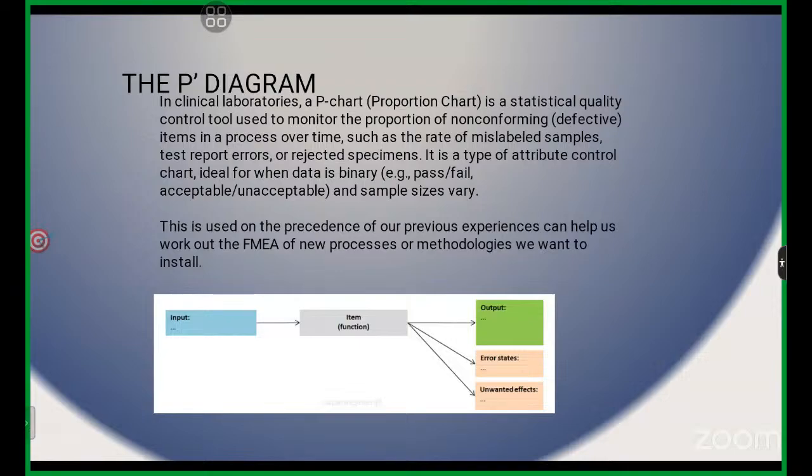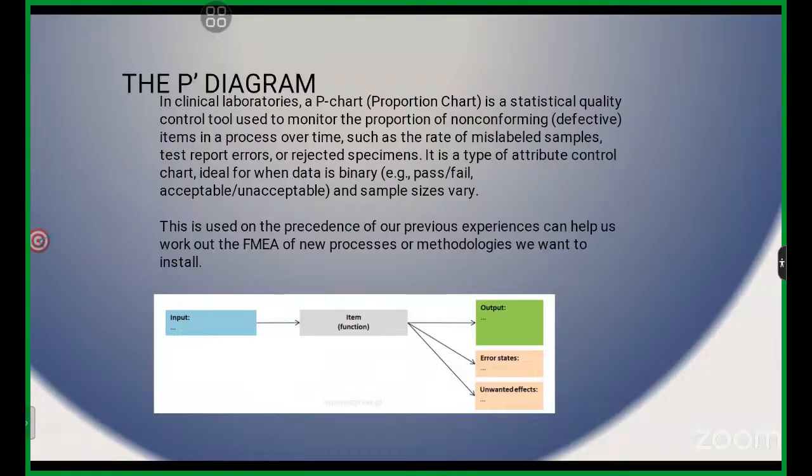There is also what we call the P diagram. In clinical laboratories, we have what we call a P chart or proportional chart. It's a statistical quality control tool that is used to monitor the proportion of non-conforming or potential defects in items in a process over time, such as rates of mislabeled samples, test report errors, or rejected specimens.